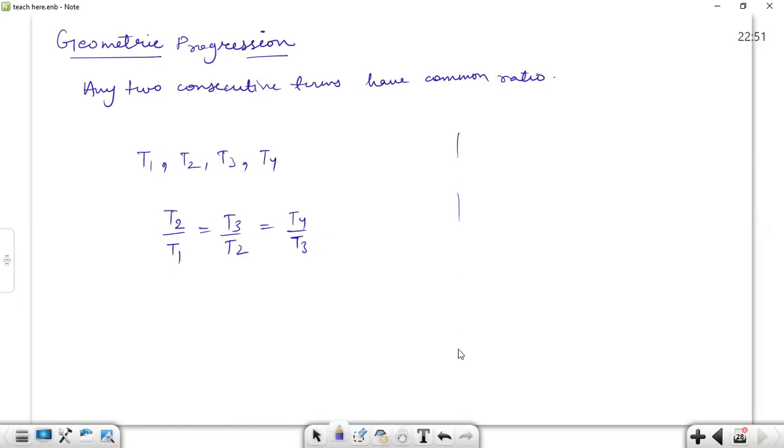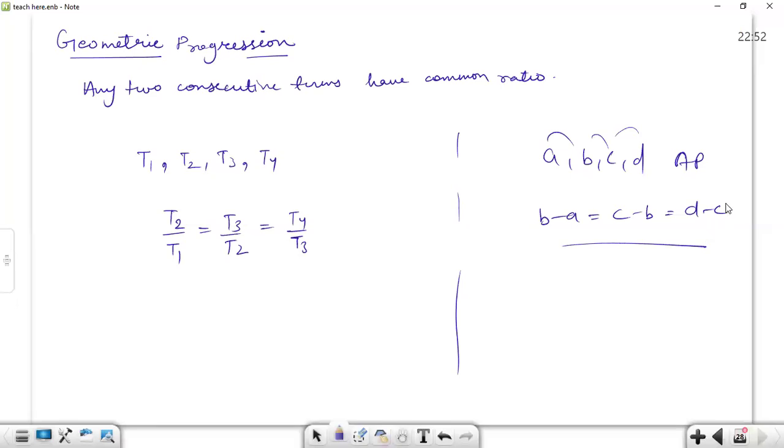Earlier, in case of AP, if A, B, C, D are in AP, then we used to say B minus A should be equal to C minus B, which should be equal to D minus C. Basically, the difference between consecutive terms should be equal. Now, this time the ratio of the consecutive terms is equal, taken in an order, of course.